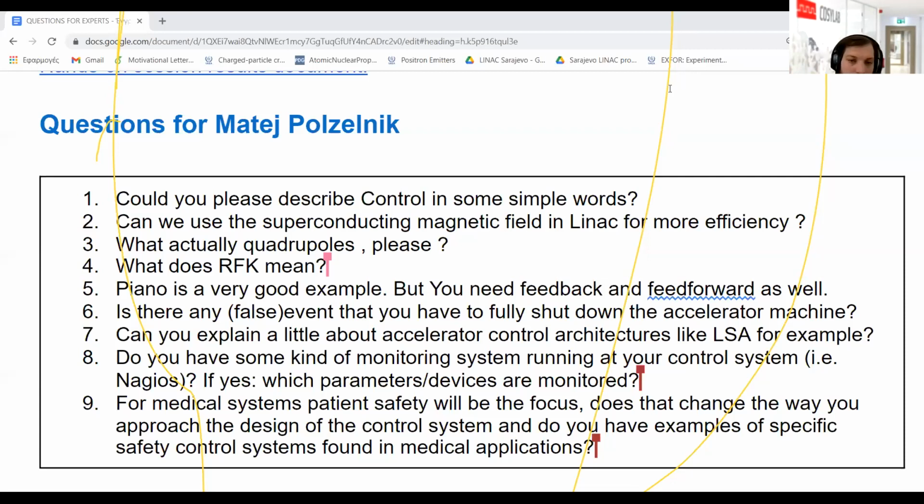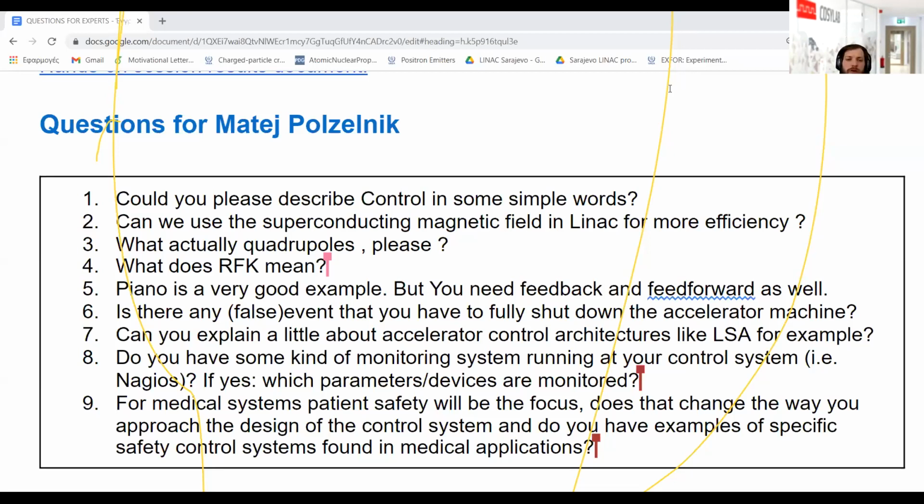Okay, next one. For medical systems, patient safety will be the focus. Does that change the way you approach the design of the control system? And do you have examples of specific safety control systems found in medical applications? Yeah, of course.